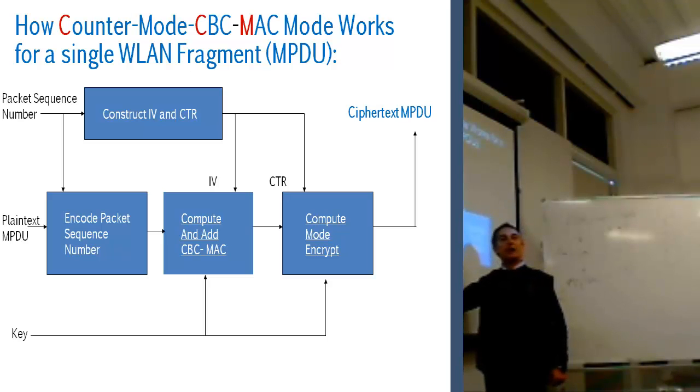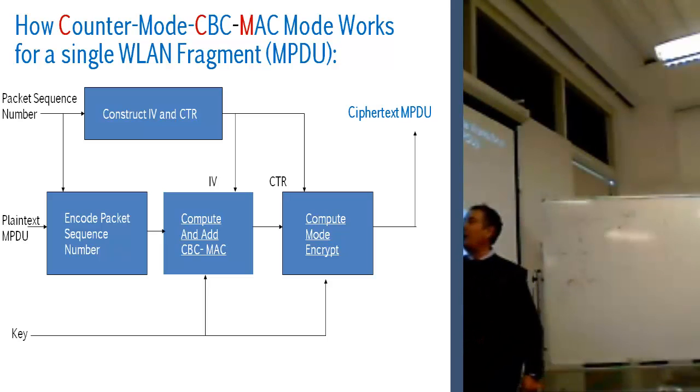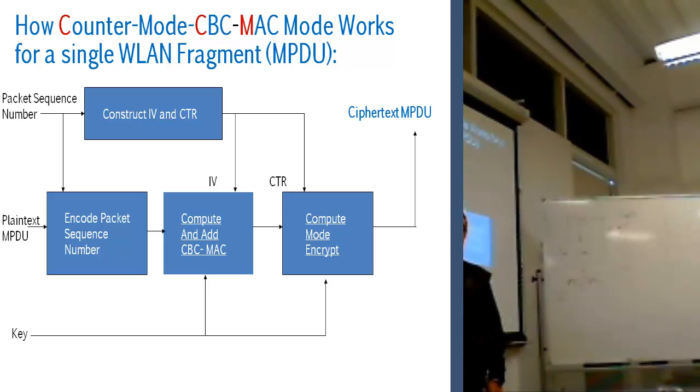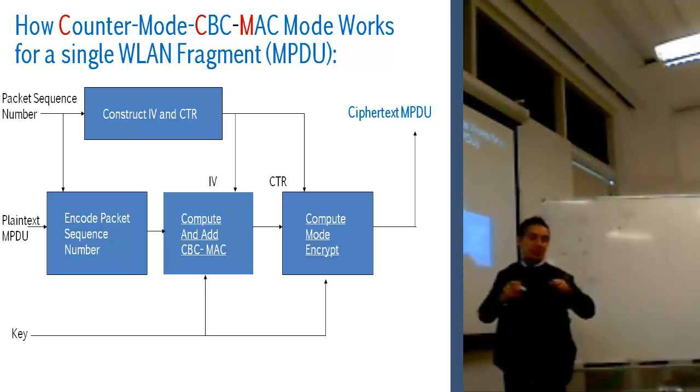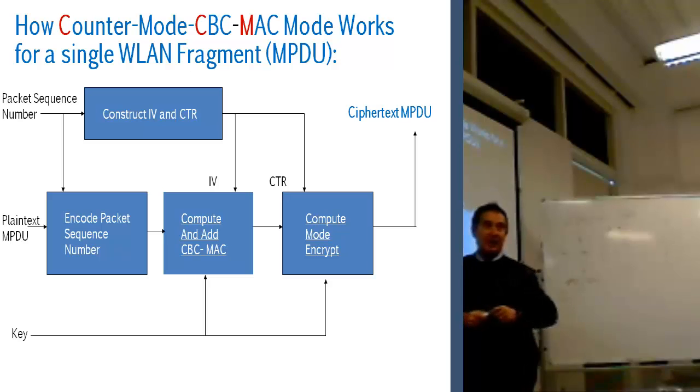If it is 128, then 2 to the power 96 variations of the plain text that you can try. This is a huge number, 2 to the power 96. And then you may get 2 different plain texts that produce the same MAC with a probability more than 50%. But still we are not saying that you're going to get it.